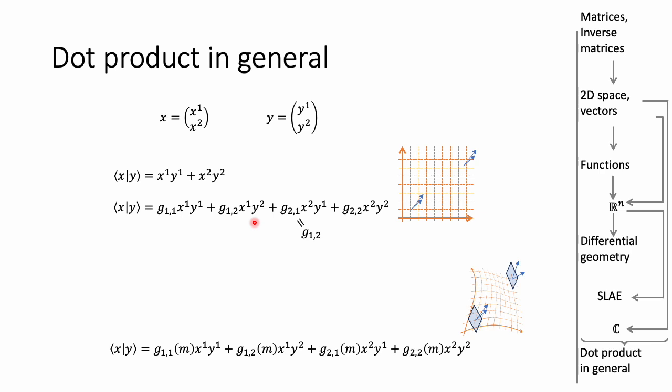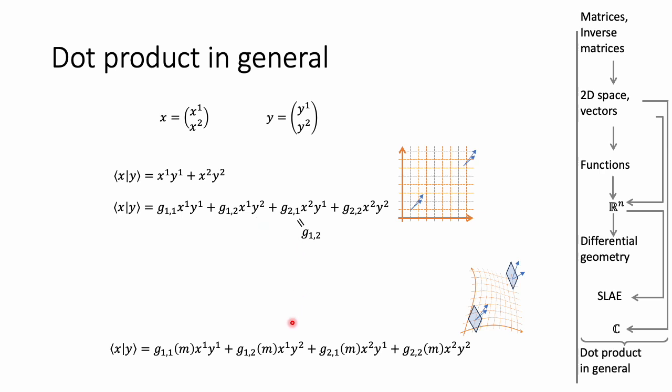But it's not a linear operator anymore. This matrix represents something else. This matrix represents a certain little machine that takes two vectors as an input and returns a number. So just yet another way of using matrices.